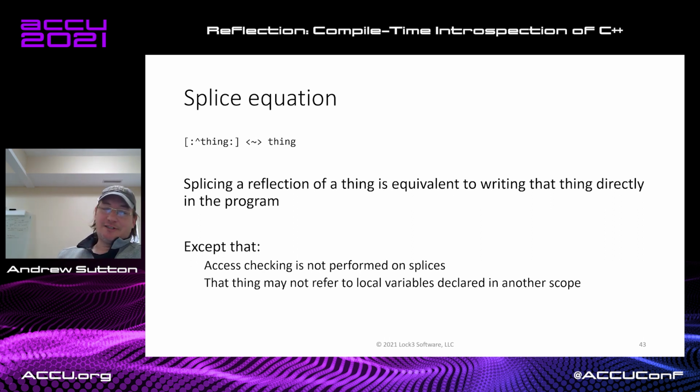The other exception is that the thing that you're splicing in the program just can't refer to local variables that haven't been declared in that context, which, if you think about it, you can't refer to variables that aren't in scope. So this is not really an exception. It just falls out of the way that we actually write C++.